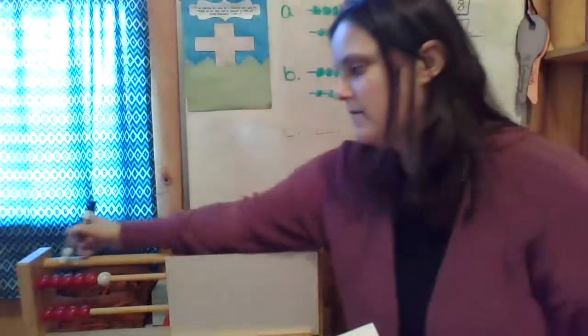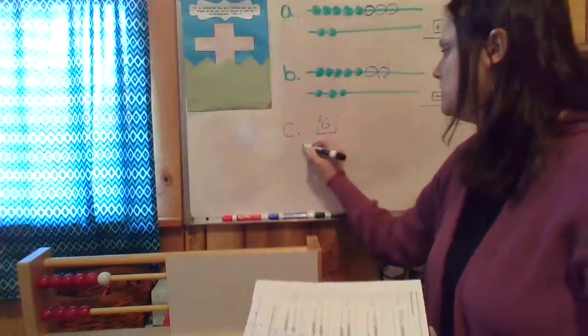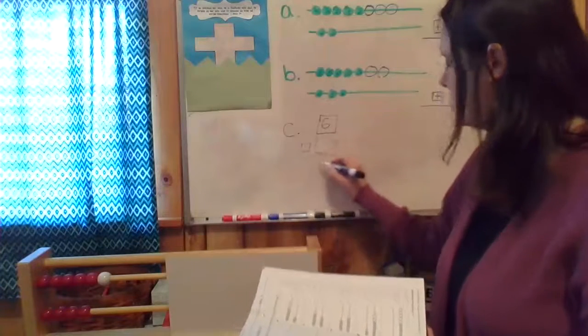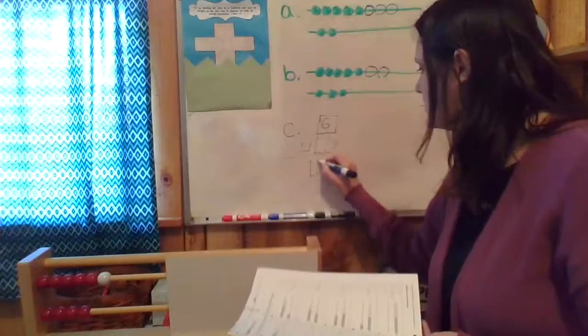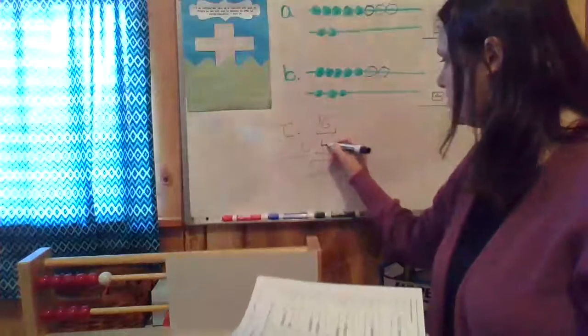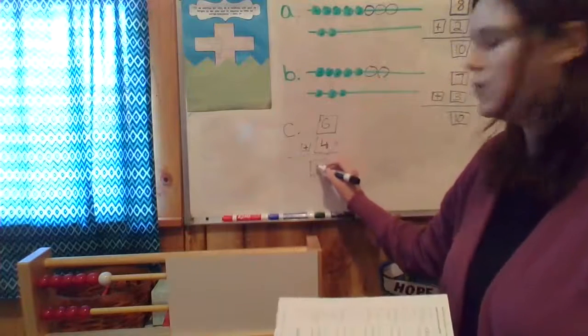We've got 5 red and 1 white makes 6. How many on the bottom row? That's kind of a wonky box, isn't it? The bottom row has 4. Again, my plus sign. So 6 plus 4 is 10.